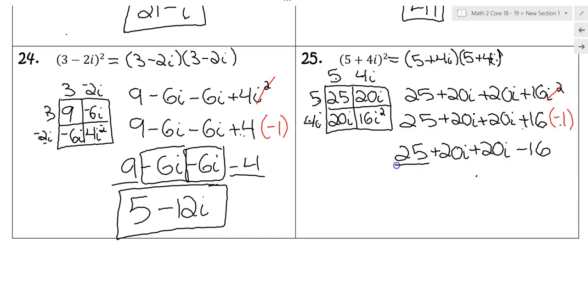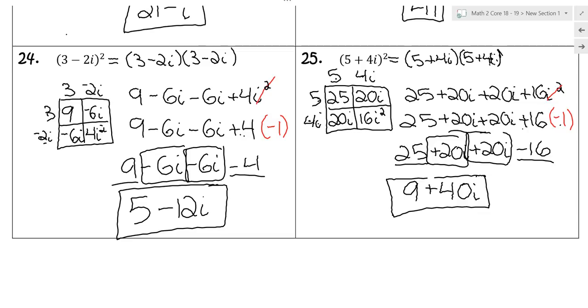Combining like terms, 25 minus 16 is 9, and 20i and 20i gives you 40i. So 9 plus 40i. All right, and that is it. Go ahead, start working on that activity.